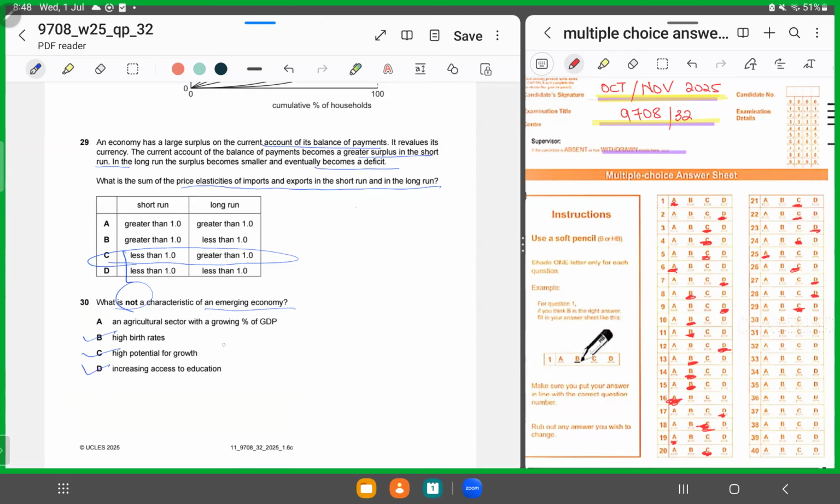All these would be characteristics of an emerging economy, but it would not have A as the characteristic. Why? Because once it's moving away, it's becoming a developed economy, so it would concentrate on the tertiary and manufacturing sectors and not agriculture. And here they are asking what is not a characteristic. So we'll shade in A as the correct answer. So for 30, it's A.